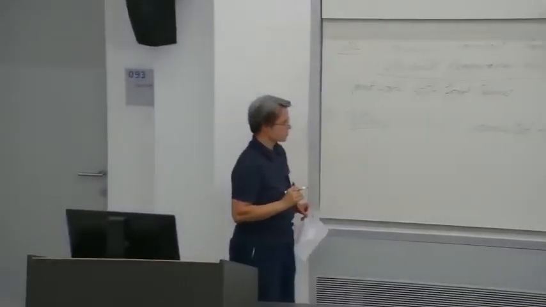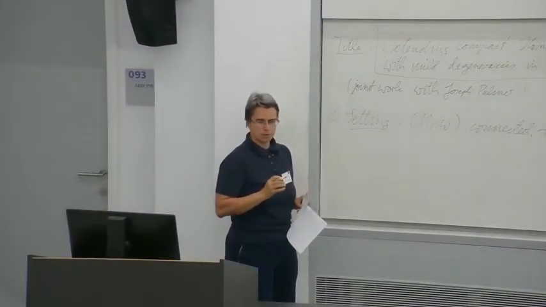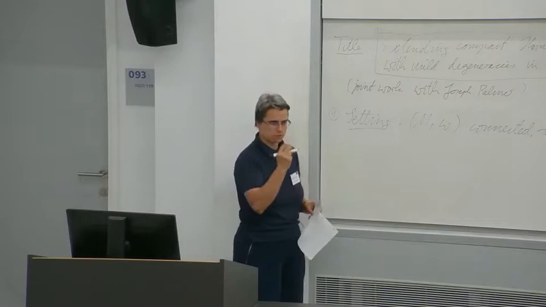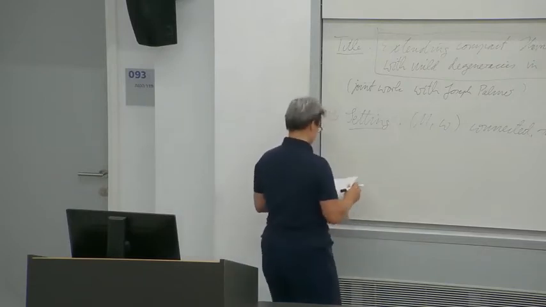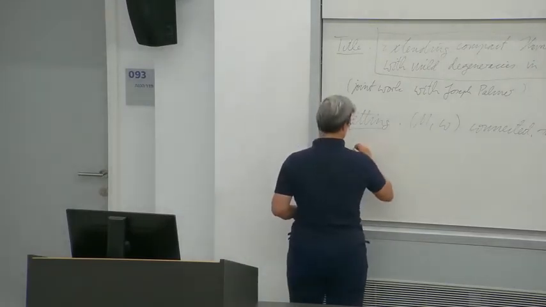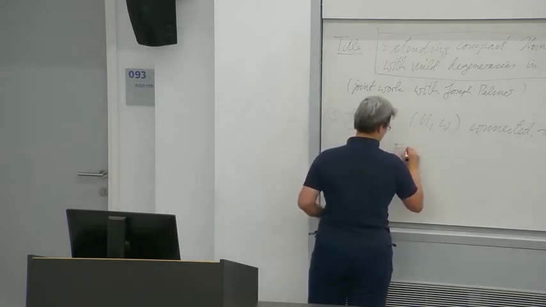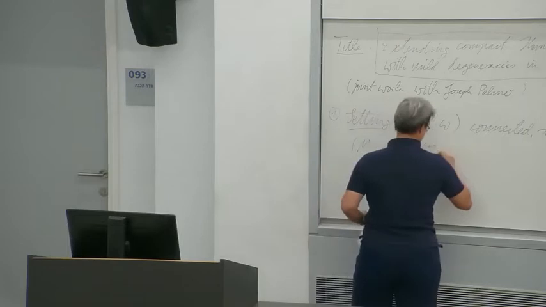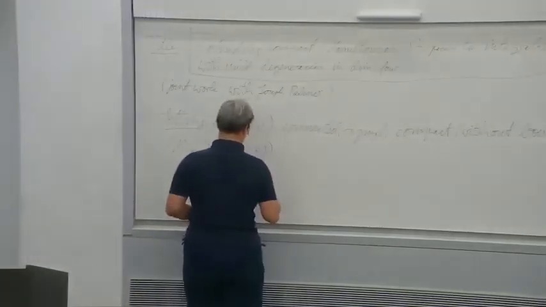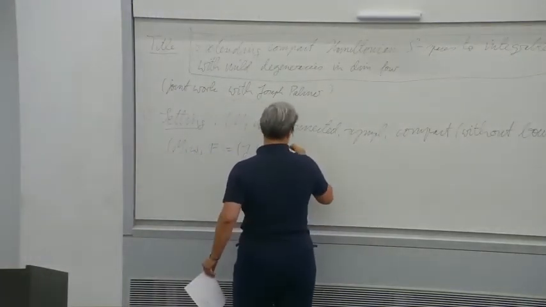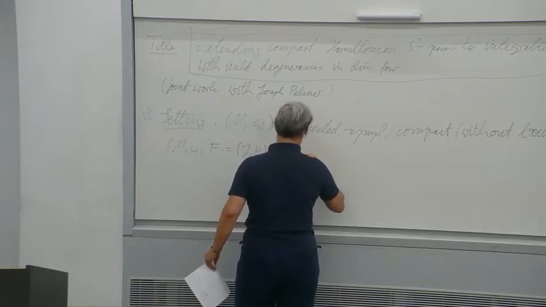And I'm working here with completely integrable systems in the sense of Liouville. So I have 2 integrals on this manifold. So let's say (M, omega, F) where F is given by J and H, and here I say this is a completely integrable system.